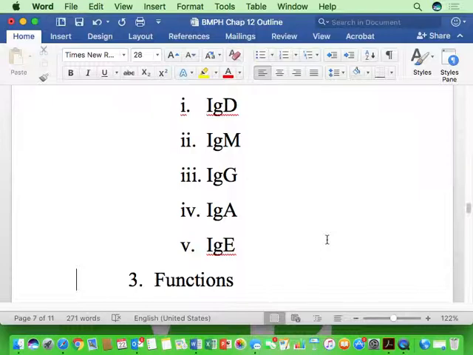You have to go back to the second line of defense to remind yourself what complement fixation is, but complement fixation then enhances phagocytosis, inflammation, and leads to cell lysis.